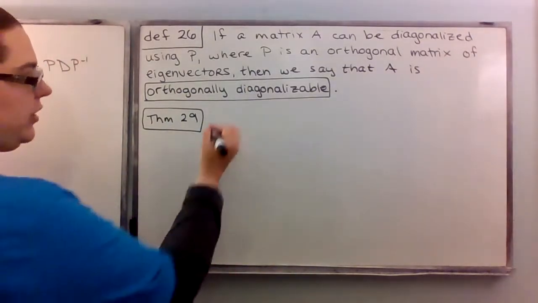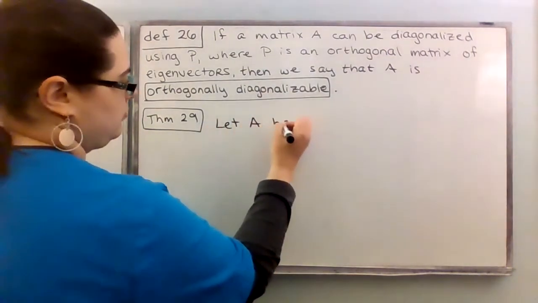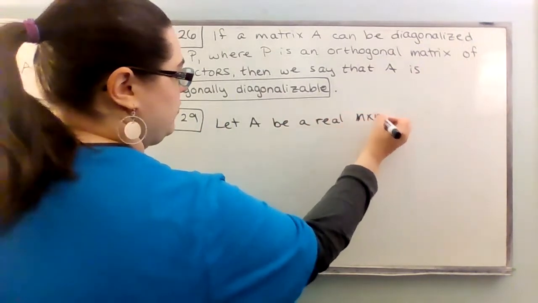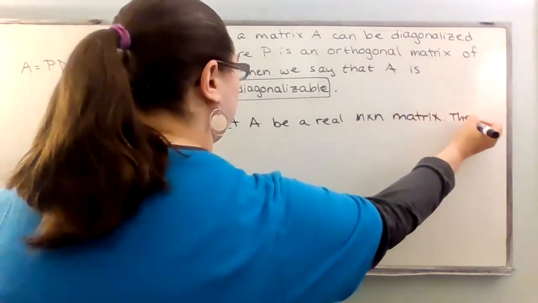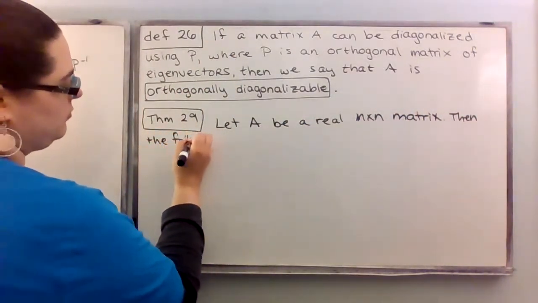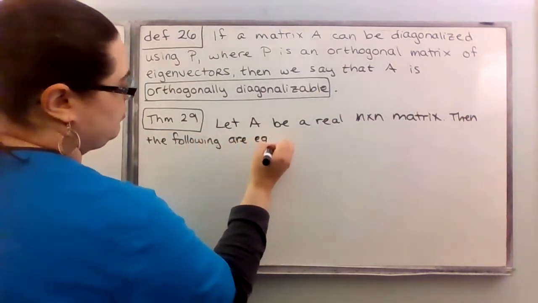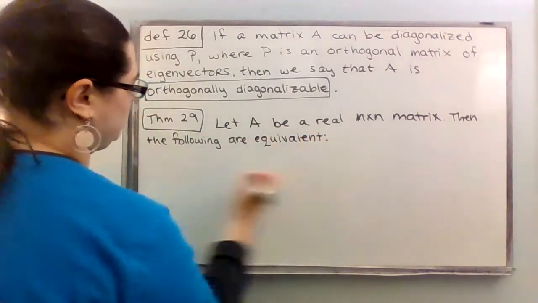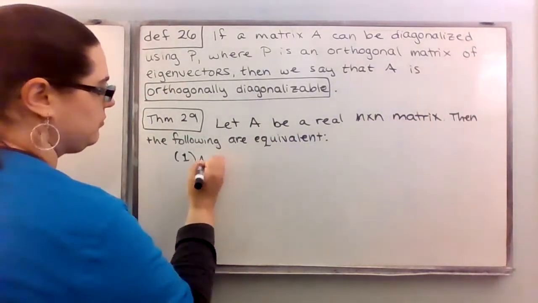So A is a real n by n matrix. Then the following are equivalent. One, A is symmetric.